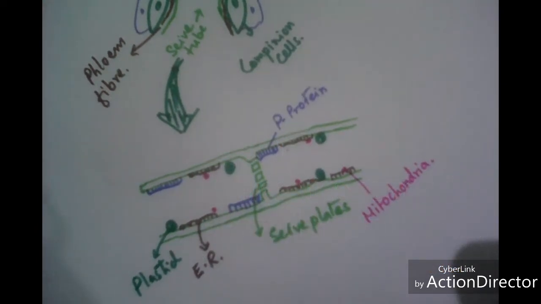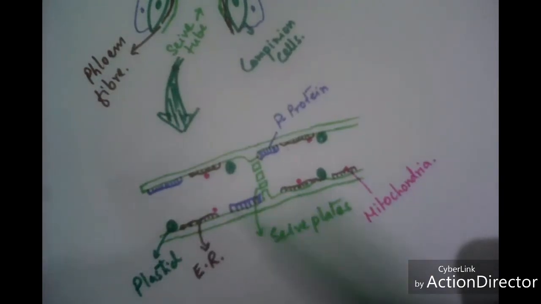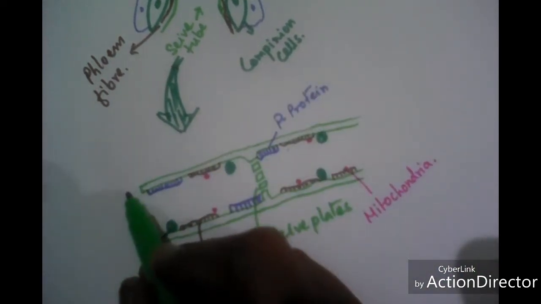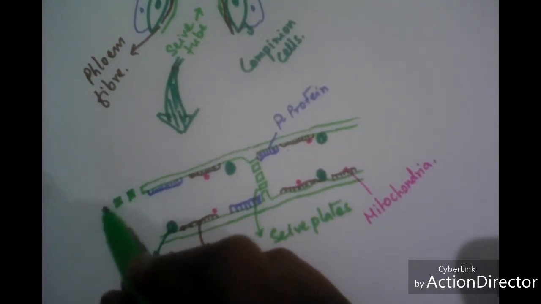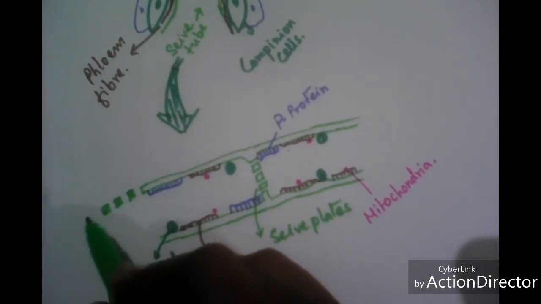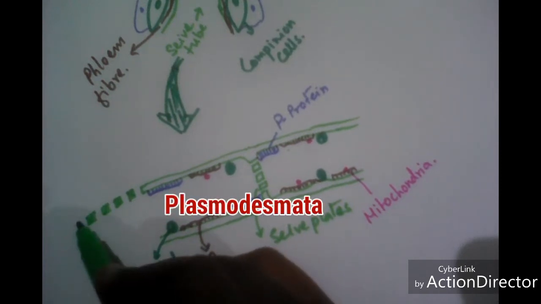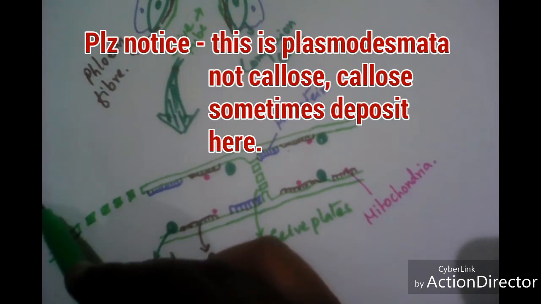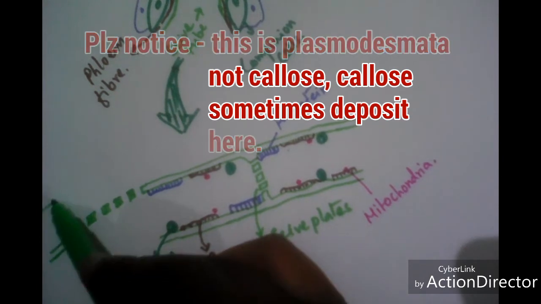So if it is a sieve tube and here also another sieve tube is present, then in this portion a gap is present and again sieve tube wall is present. This is called callose.